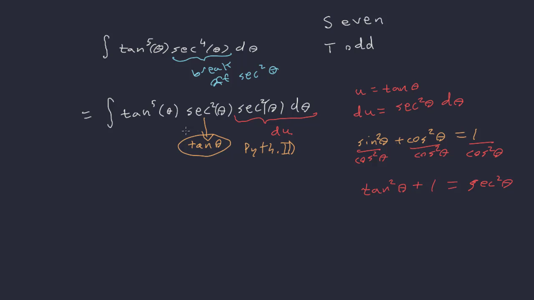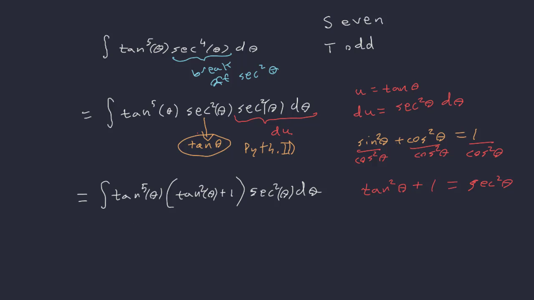All right, so with the Pythagorean identity, we get this new integral: tan to the 5th theta times tan squared theta plus 1 times secant squared theta d theta. Now I'm not being very consistent with my parentheses here.